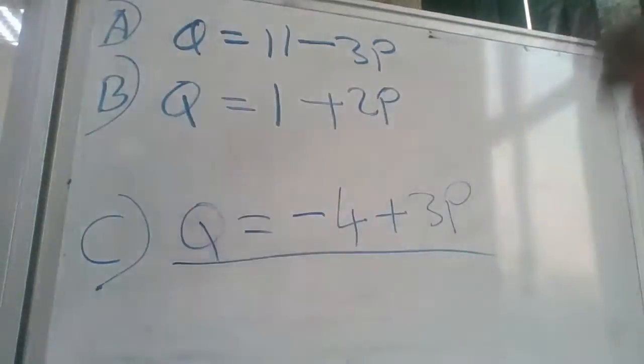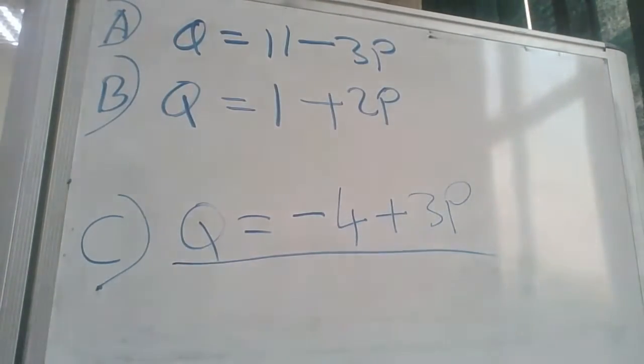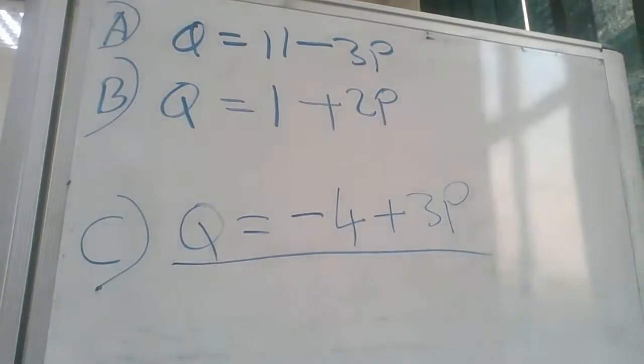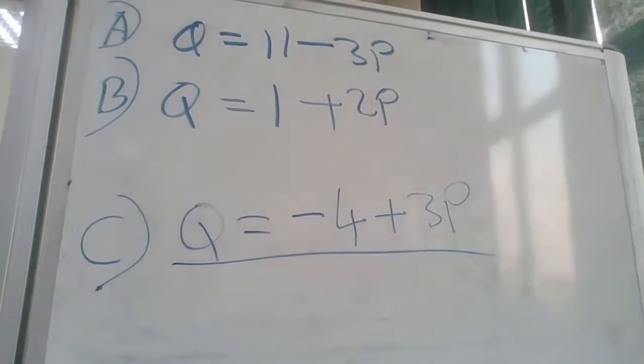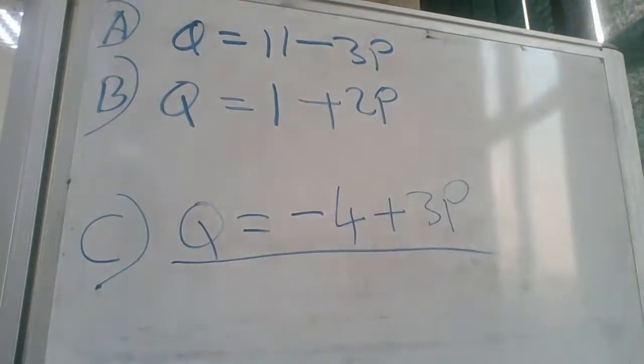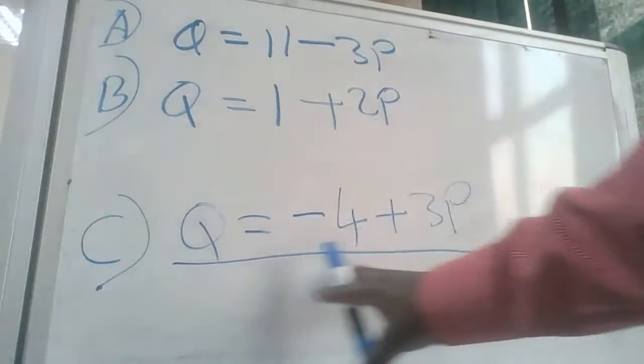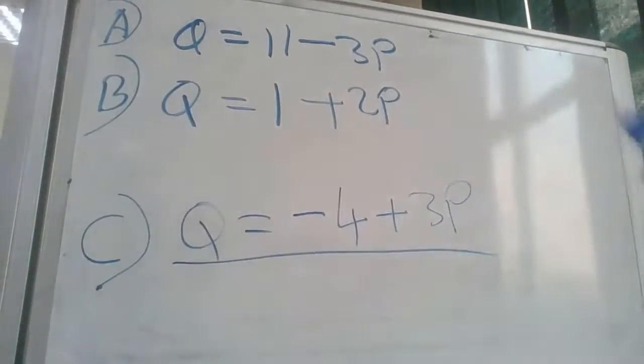which part of this function led to your conclusion that this is a supply function? Those who said it's a supply function, which part of this equation led to your conclusion that C is a supply function?